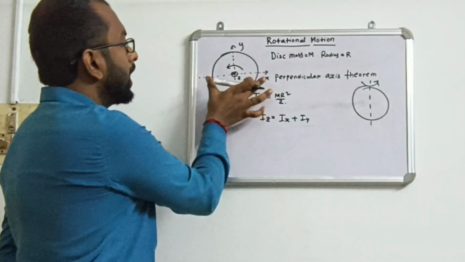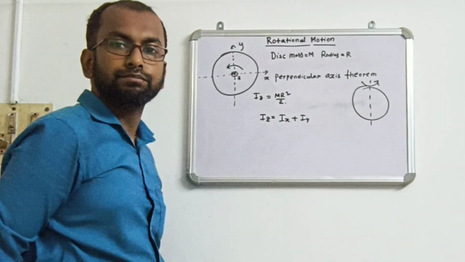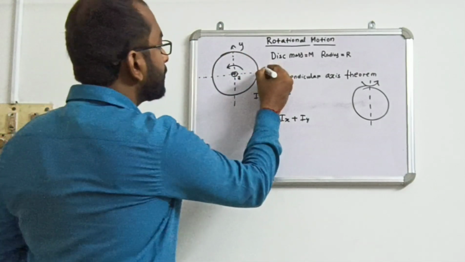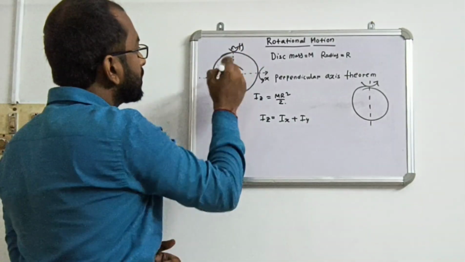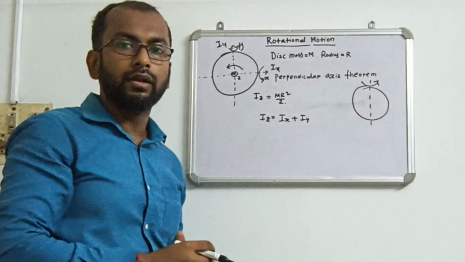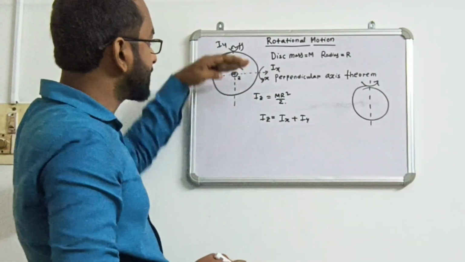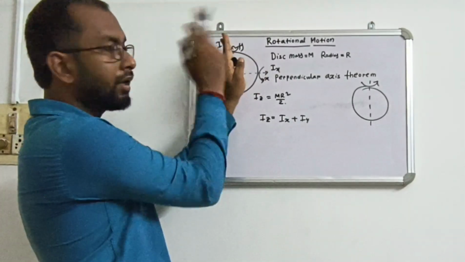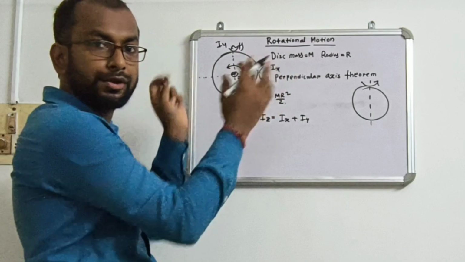So see, here with respect to the x axis and y axis, it is looking symmetrical. Symmetrical means whatever the moment of inertia will be with respect to the x axis, the same moment of inertia will be for the y axis as well, because it is symmetric. The disc doesn't know what is x axis and what is y axis. We are defining that. So the moment of inertia will be the same because it is symmetrical.